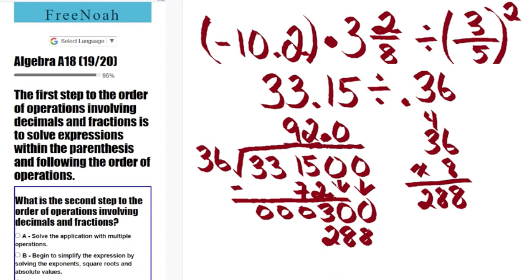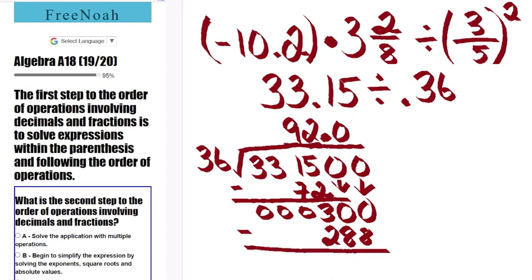Let's not forget to place the 8 on our quotient side. 300 minus 288 gives us 12.